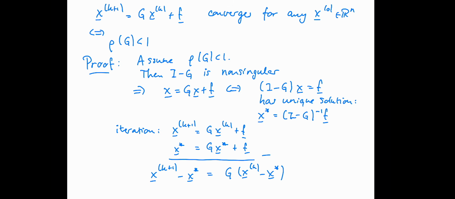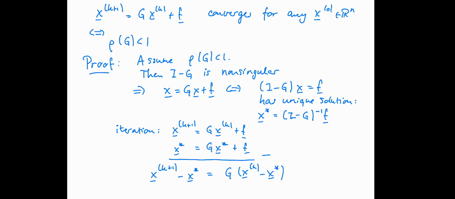And basically we're here now, because what we currently see is that x k plus 1 minus x star, that's something like the distance between the approximation in step k plus 1 and what we're looking for, because x star is what we're looking for.